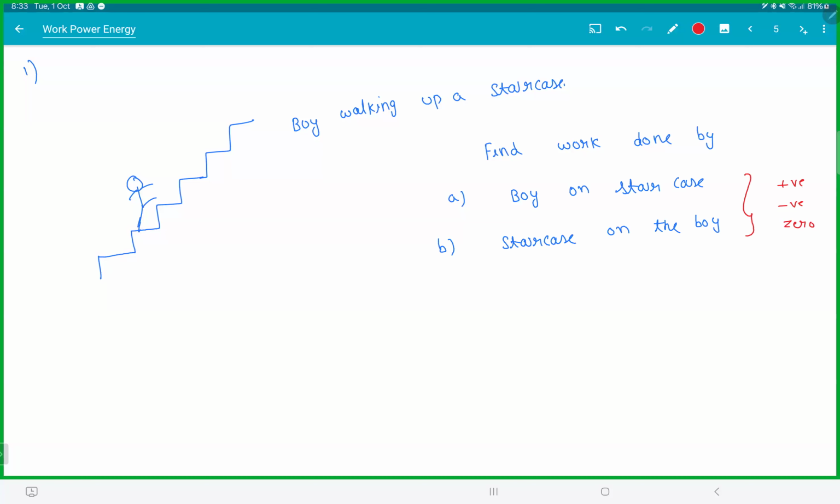Is the question clear? So you have a staircase and you're climbing it up. When you're climbing the staircase, how much work do you do on the staircase and how much work does the staircase do on you? Is it positive, negative, or 0? Think, I'll give you 30 seconds.